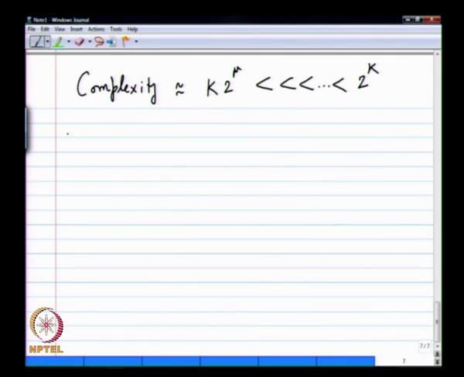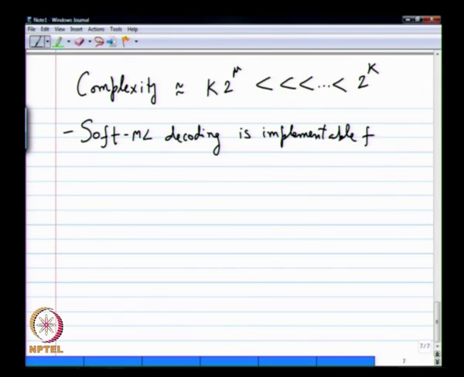So what's the basic summary here? Soft ML decoding is implementable for convolutional codes. This is the major step, and the trellis played a crucial role.